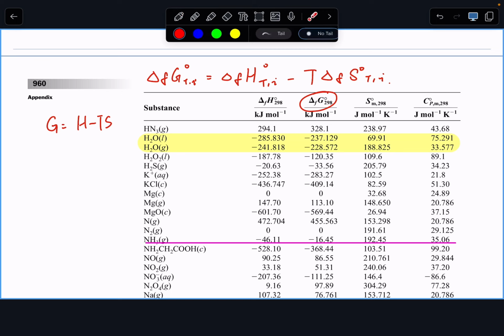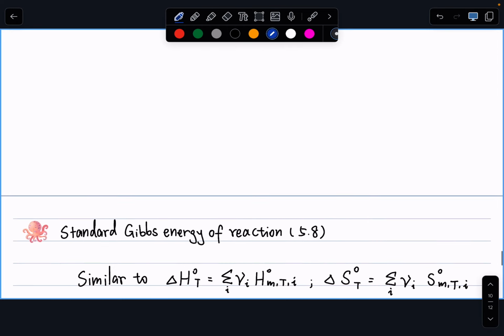And here you also want to know how we calculate the standard formation and the standard conventional formation entropy of some species. So we'll do one example together and see what exactly it means, and how to use the tabulated data to calculate the delta G of a species.